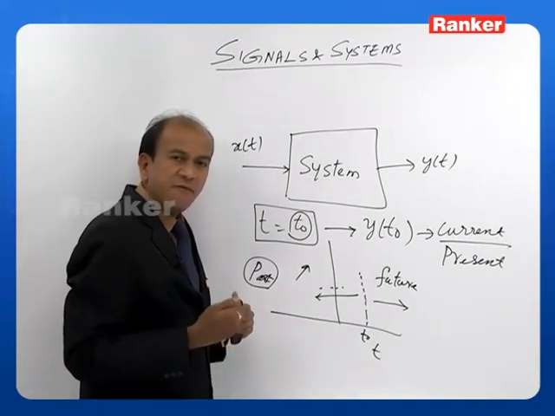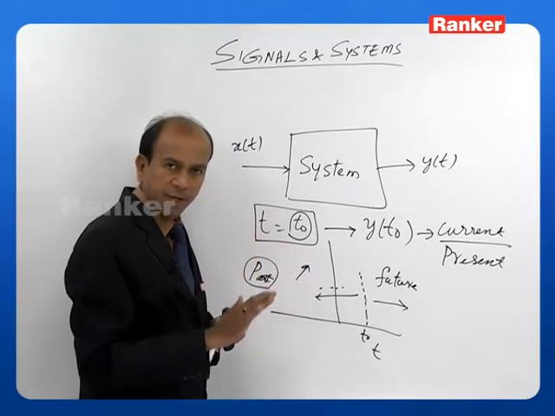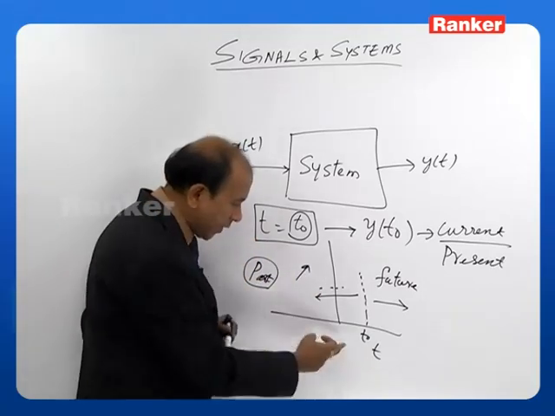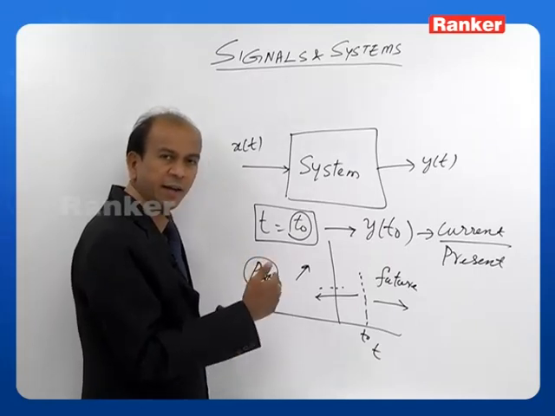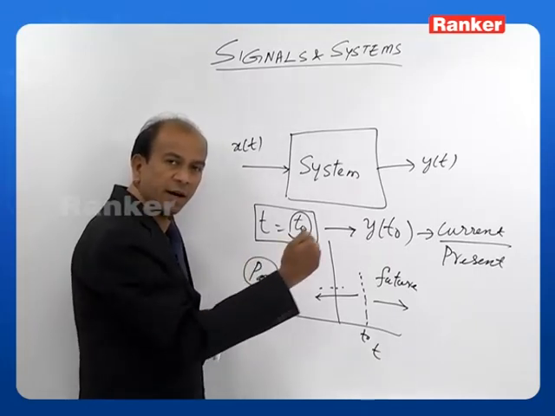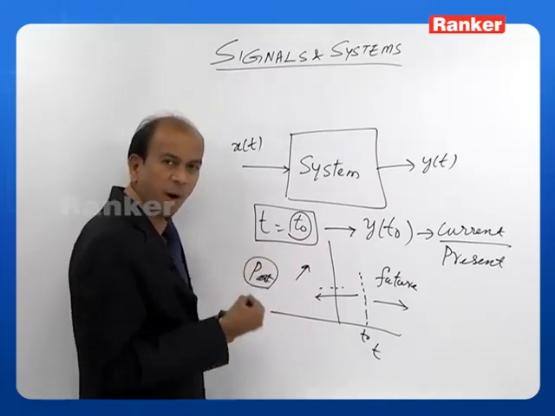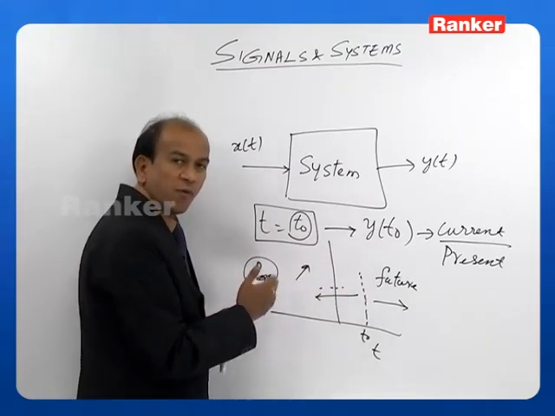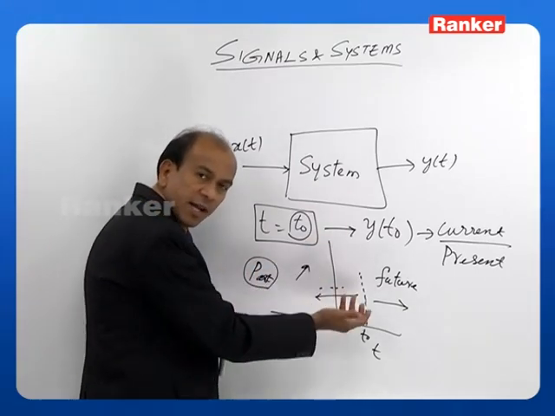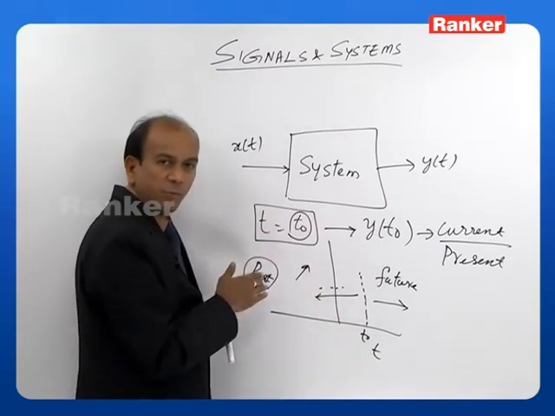That means we have three types of inputs for which we have three types of output. One is the input when I give t is equal to t0, the current or present input, for which I will get an output y of t0, which is a current output. Similarly, an input given earlier than t0 is called the past input, for which there would have been a past output.